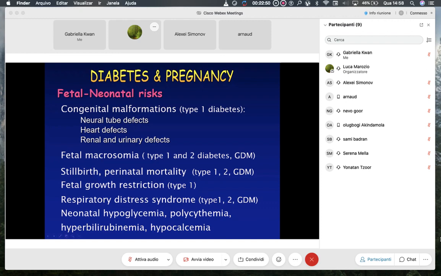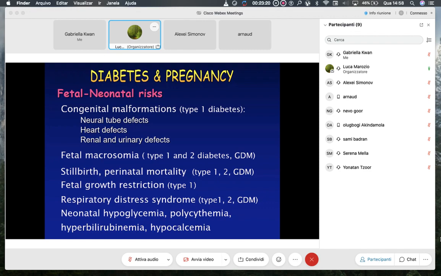Type 1 diabetes may increase the risk of fetal growth restriction, particularly if associated with hypertension or damage to peripheral vascular function. Type 1, type 2, and gestational diabetes increase the risk of respiratory distress syndrome of the newborn, because they may affect the surfactant production in the fetal lungs.